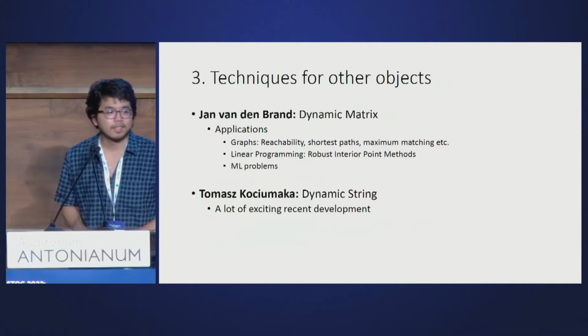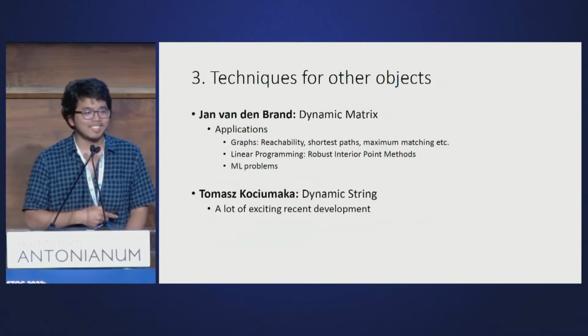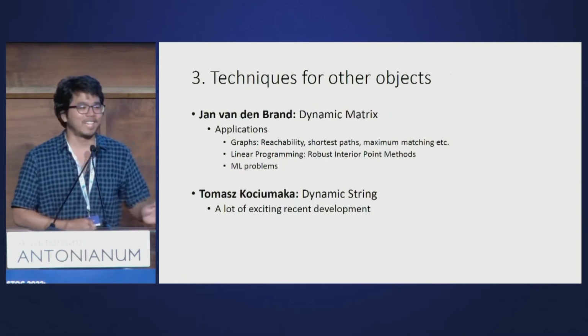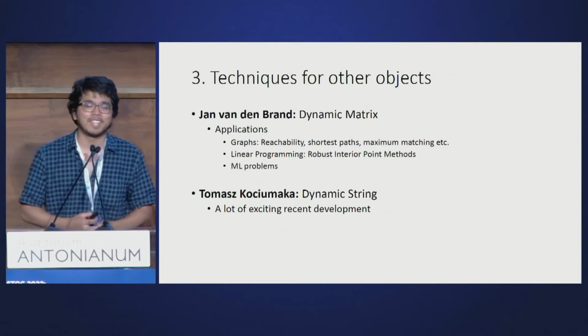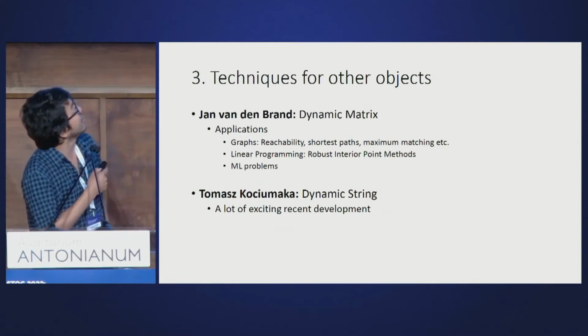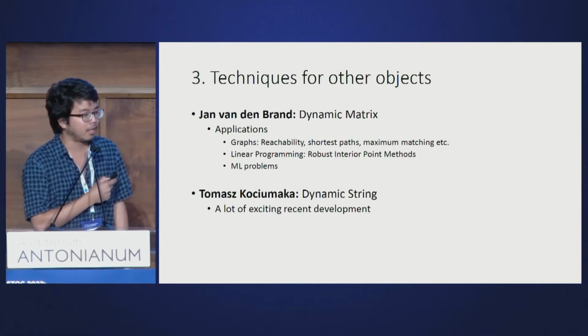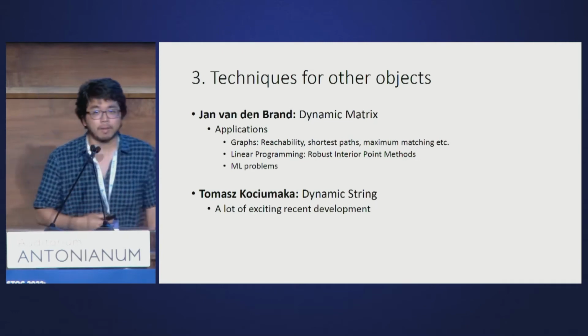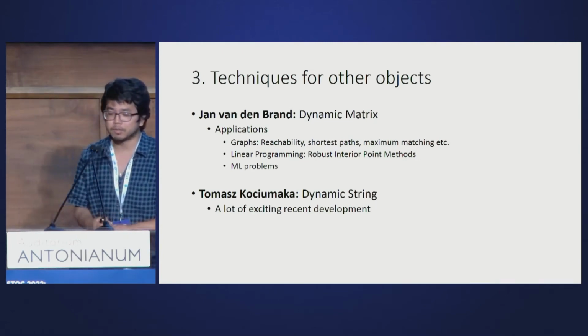Okay, good. In the last slides, most of the content was about graph algorithms, but actually there are very cool techniques for other objects too. So the first talk in the workshop is by Jan. He will talk about dynamic matrix algorithms.